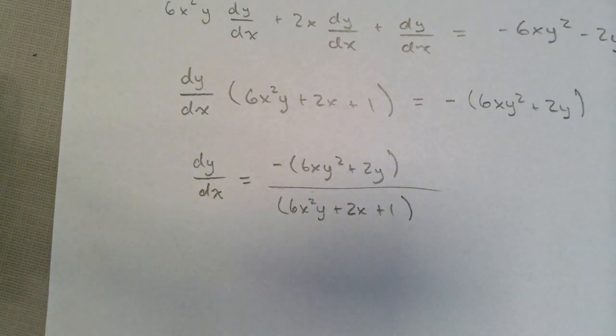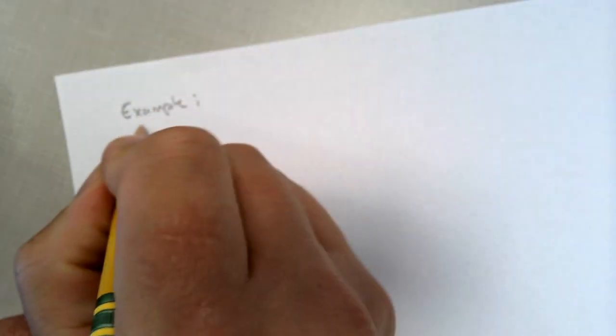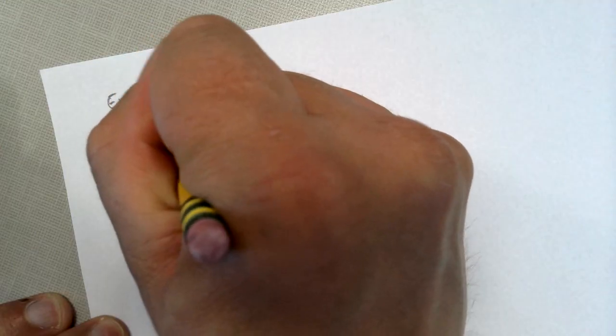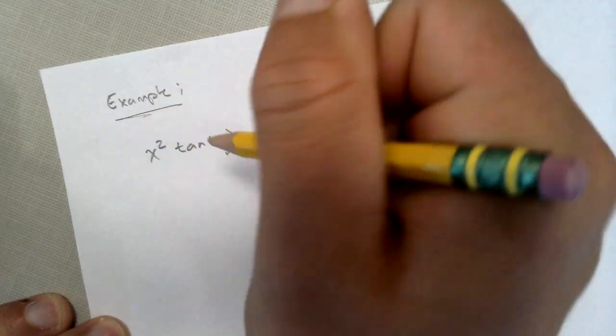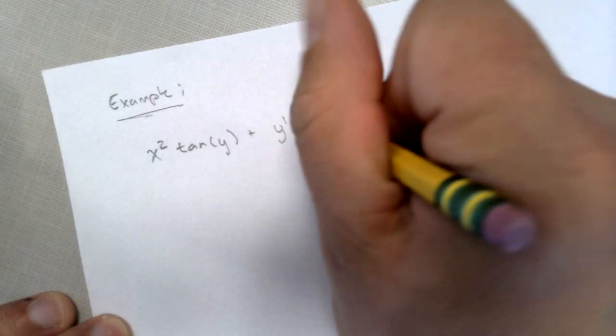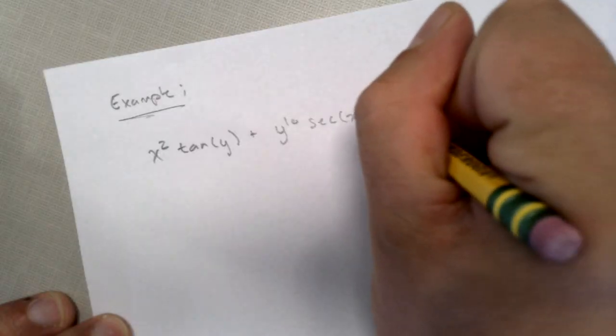Let's do one more problem that involves implicit differentiation. So for example, we have x squared times tangent of y plus y to the 10th power times secant x is equal to 2x.